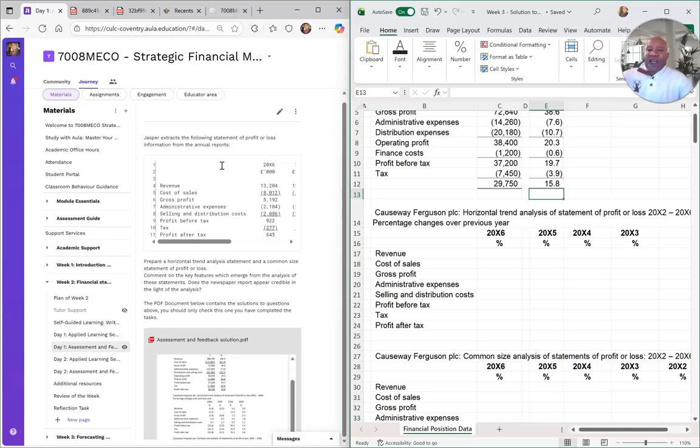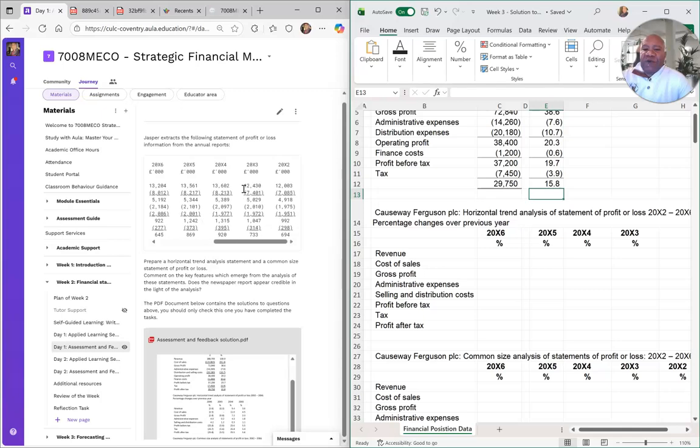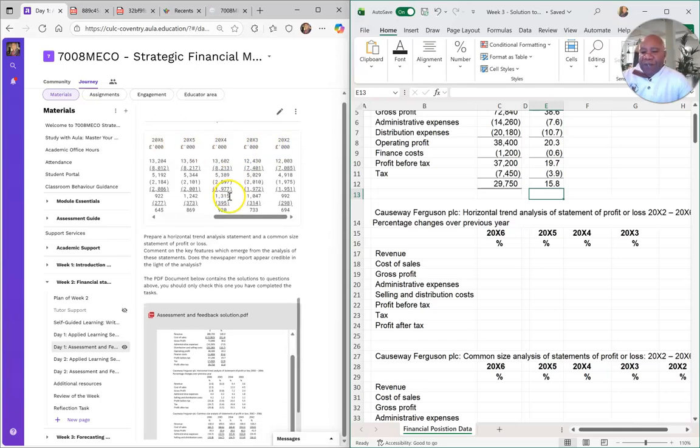So we have extracts in the following statement of profit and loss information from the annual report, for 20X3, 20X4, 20X5, and 20X6. The question says, prepare a horizontal trend analysis statement and a common size statement of profit and loss.